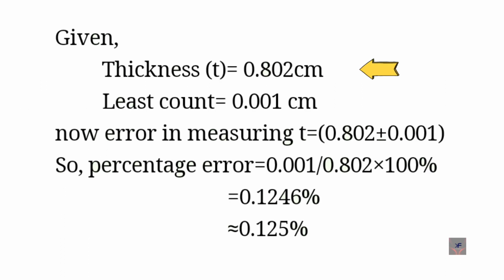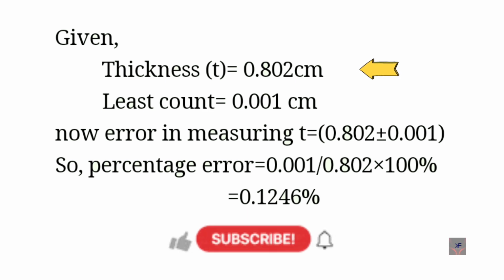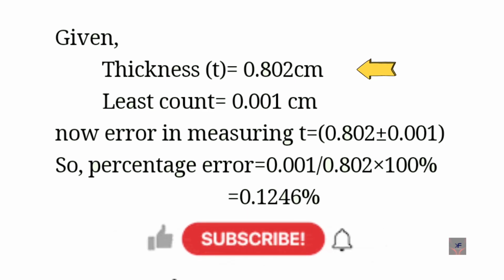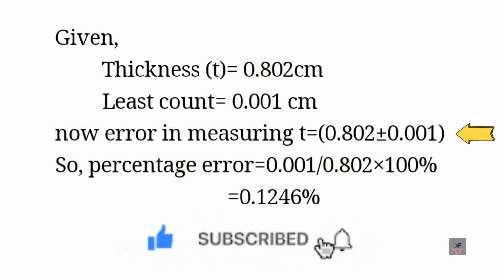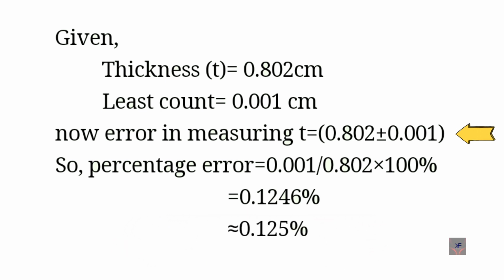Given the thickness T is equal to 0.802 cm. Least count is equal to 0.001 cm. Now the error in measuring T is equal to 0.802 plus or minus 0.001.